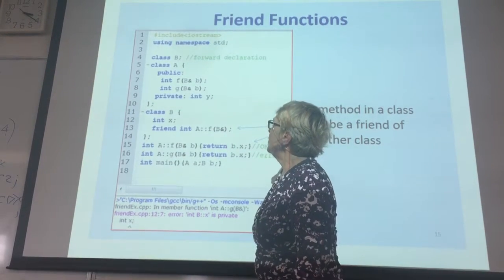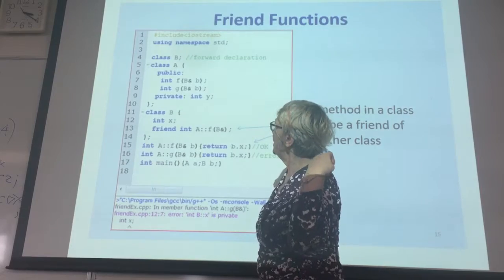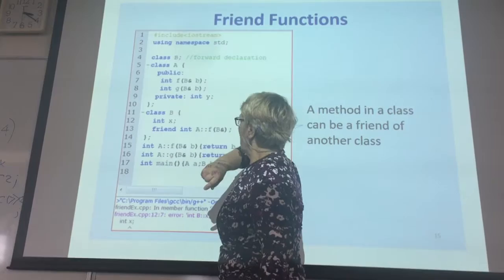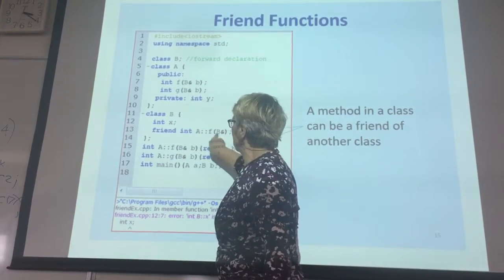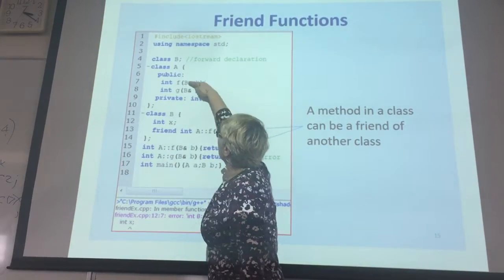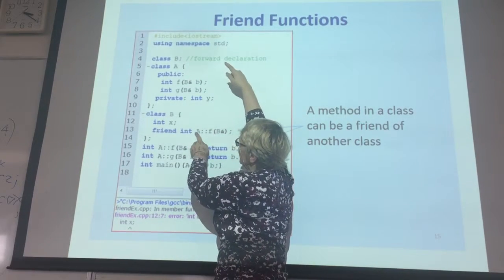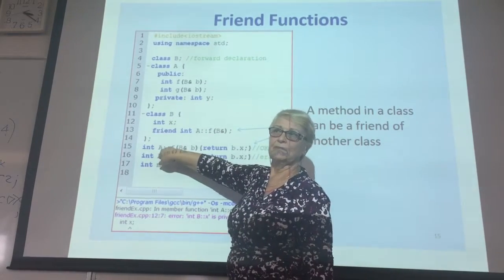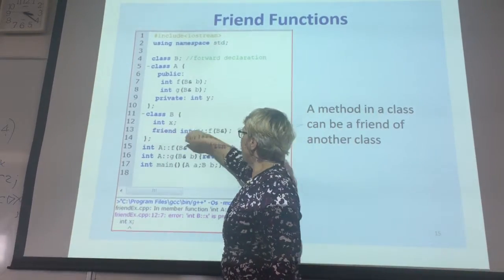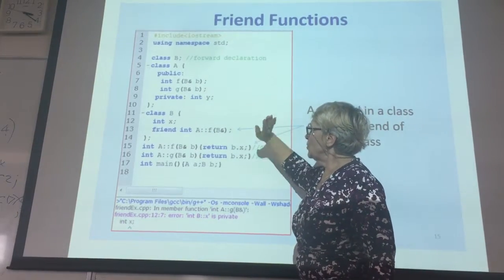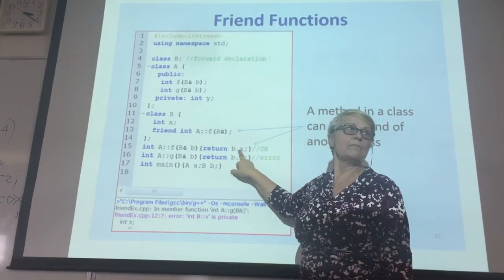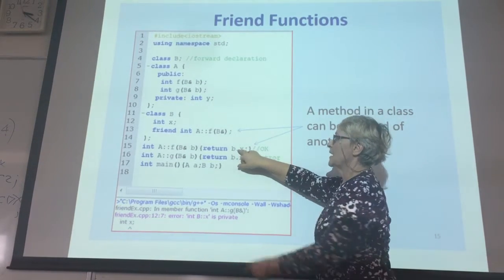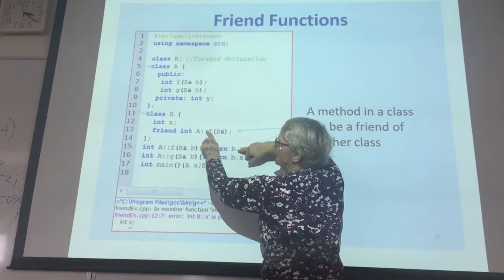It's fine. So as you can see, we have a class A which has some methods, and class B says that F in A is a friend of this class. At this moment, class B allows F in A to access data members in B, correct?